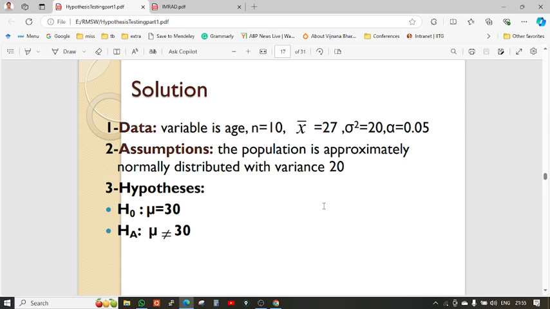For the hypothesis, mu equal to 30, you assume the null hypothesis that there is no difference between the calculated mean and the assumed mean, so both are equal, and obviously the alternative hypothesis is mu not equal to 30. That is the second point.